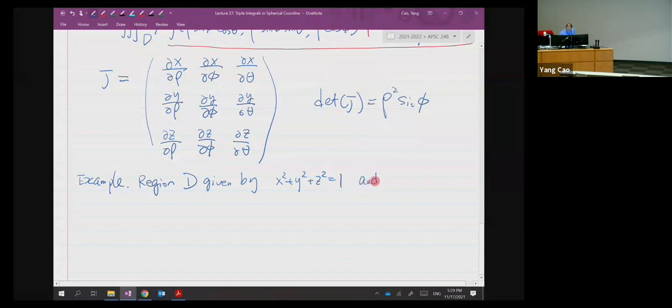And the other surface is z equal to 1 over root 3 times the square root of x squared plus y squared. And then calculate the volume of this region D. So basically, the integrand F is 1. Okay, so just calculate the volume here.